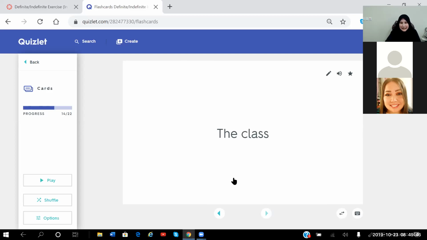Okay, Elise, how do we say the class? Assafu. Very good. It looks like this. So we have an alif lam. Sad is a sun letter. And then we have just one vowel marker over the fa.